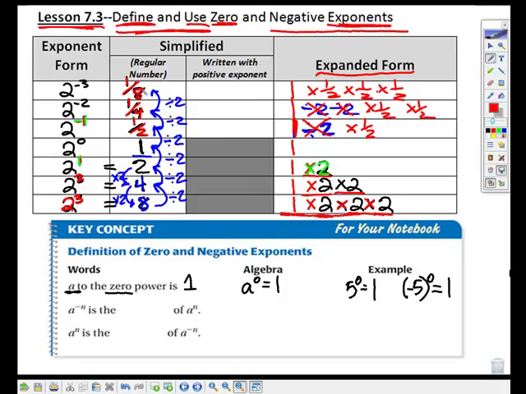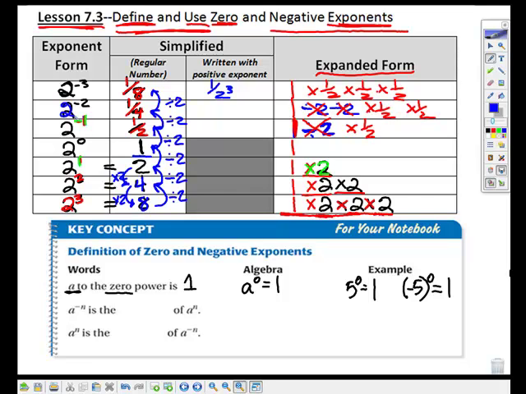And probably the best way for you to think about this is to realize this 2 right here, if you make it its reciprocal, 2's reciprocal is a half, and now the 2 on the bottom gets raised to the 3rd power. And it's a positive 3 power for multiplying by a half 3 times.